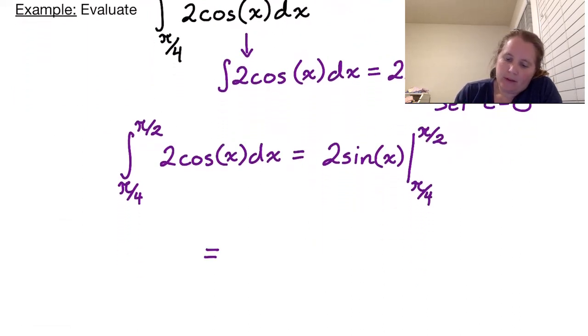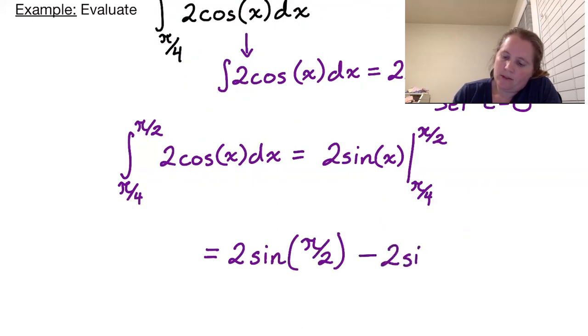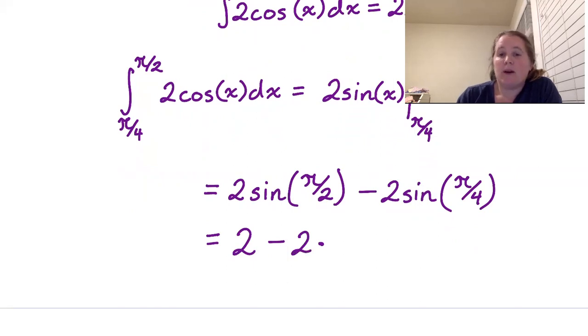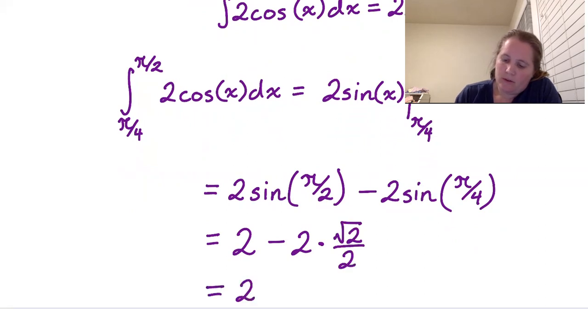So this becomes 2 times sine of pi over 2 minus 2 times sine of pi over 4. And sine of pi over 2 is just 1, so we have 2, and then minus 2 times sine of pi over 4, which is √2 over 2. And so we get 2 minus √2.